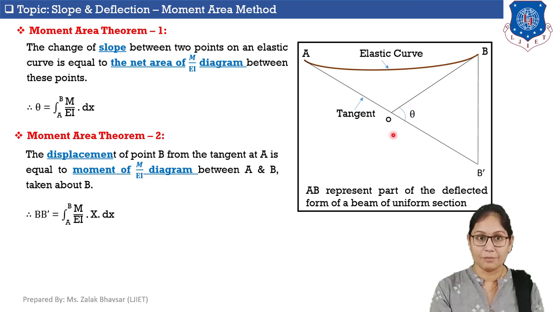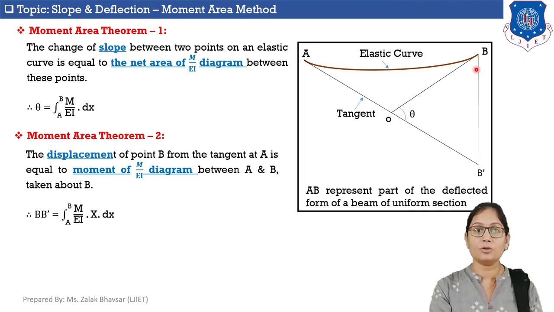BB dash, which is deflection, is equal to integration A to B M upon EI into x into dx. So, moment area theorem 2 is used for calculation of deflection. In simple words, if I want to calculate deflection at point B, then I need to calculate the moment of the M upon EI diagram between points A to B, and the moment is taken about point B.